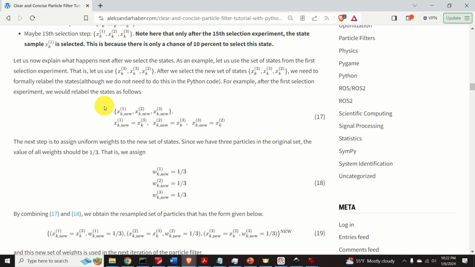To test the particle filter algorithm, we use a mass spring damper system explained in our previous tutorial. A link to that tutorial is given in the description below this video. The state space model has this form. The first thing that you should notice is that this is a continuous time state space model.